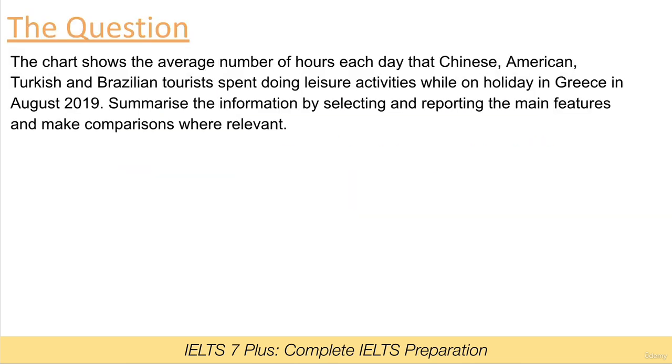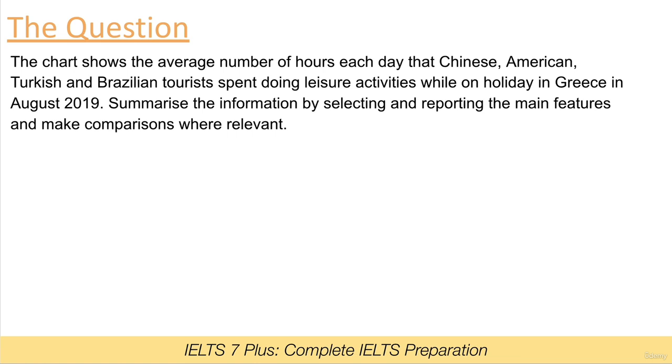The question: the chart shows the average number of hours each day that Chinese, American, Turkish, and Brazilian tourists spent, past tense, doing leisure activities while on holiday in Greece in August 2019.